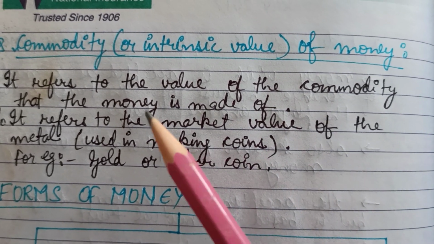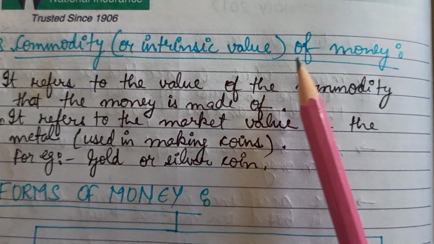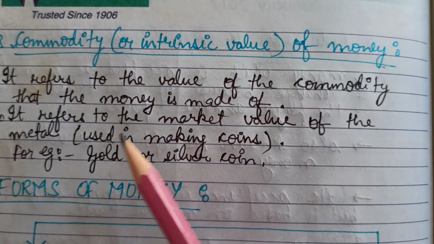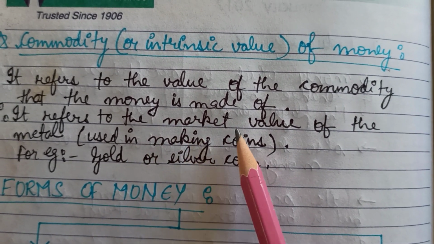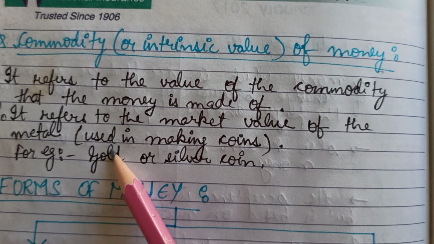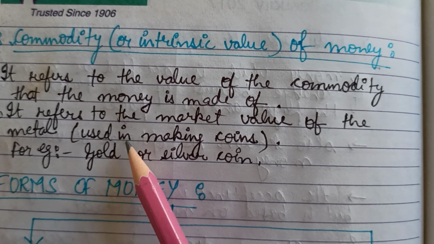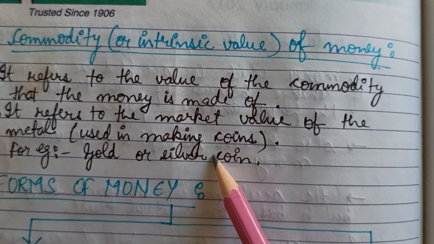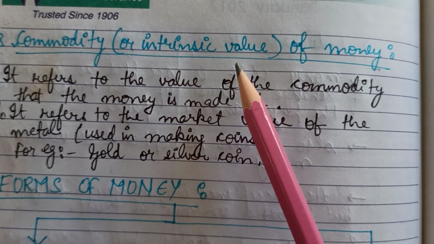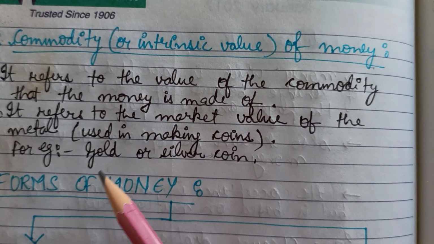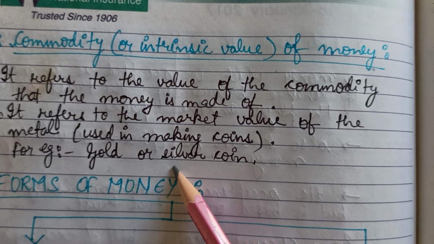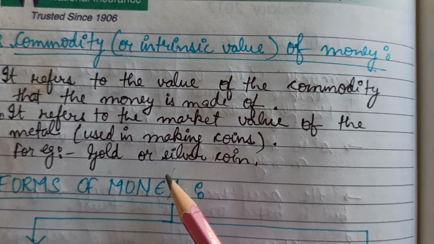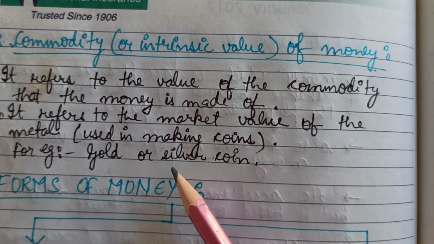That is known as the commodity value or the intrinsic value of money. Therefore, it also refers to the market value of the metal, or you can say any alloy which is used in making coins. So it is known as the commodity or the intrinsic value. For example, a gold or silver coin. If I am having a rupee 1 coin and it is made up of an alloy.